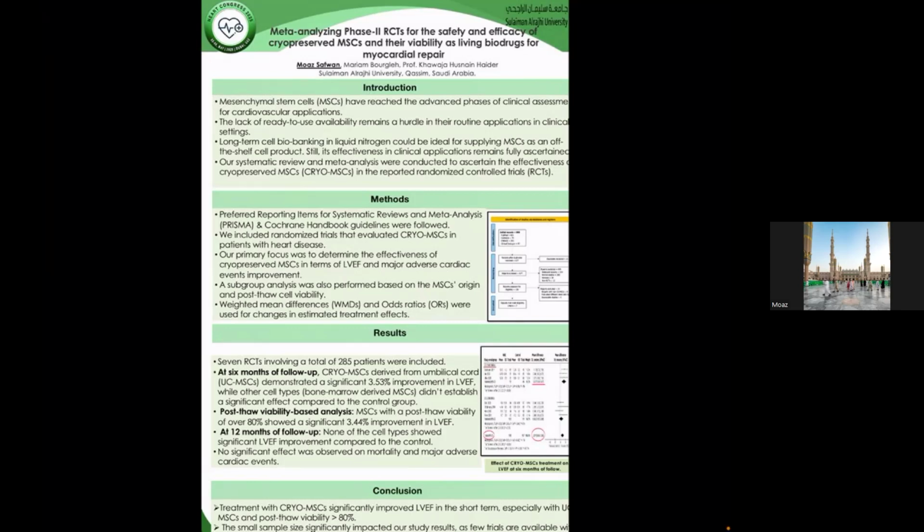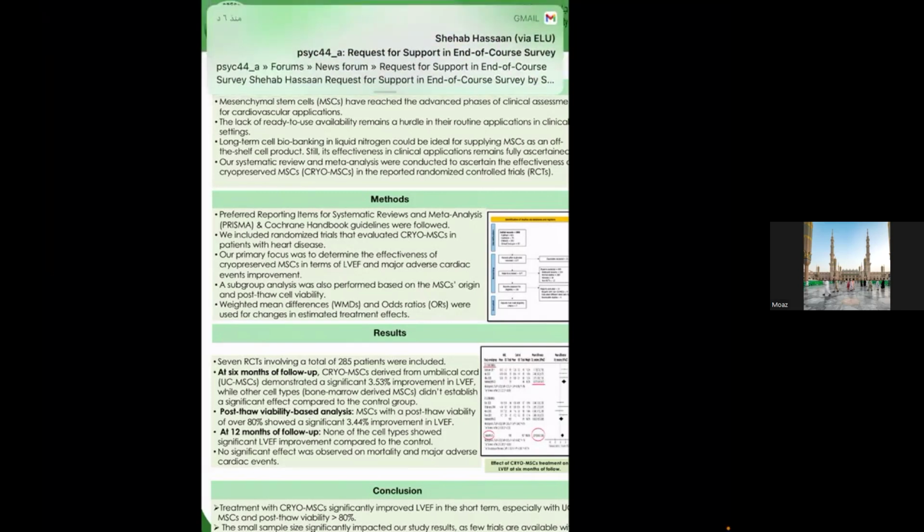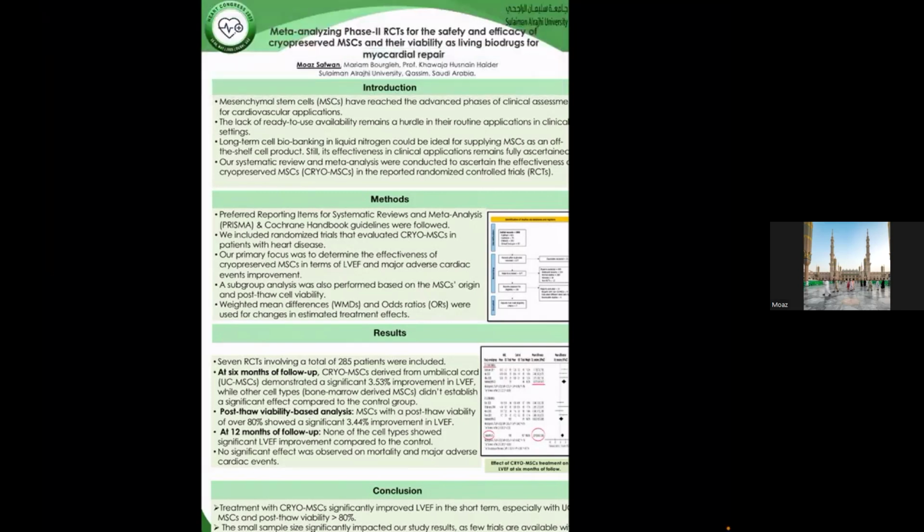Our primary focus was to determine the efficacy of cryopreserved MSCs in terms of left ventricular ejection fraction and major adverse cardiac events improvement. Also, we performed a subgroup analysis based on the origin of mesenchymal stem cells, which are basically two main sources, the umbilical cord and the bone marrow.